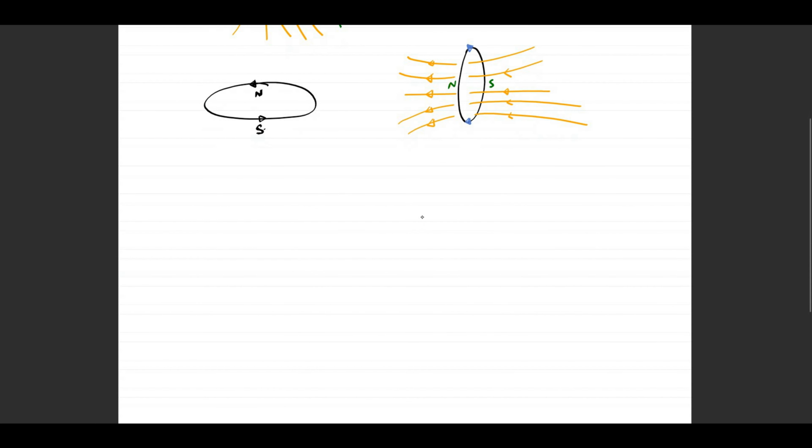If I consider say a small solenoid like this, field lines will be somewhat like this, correct?